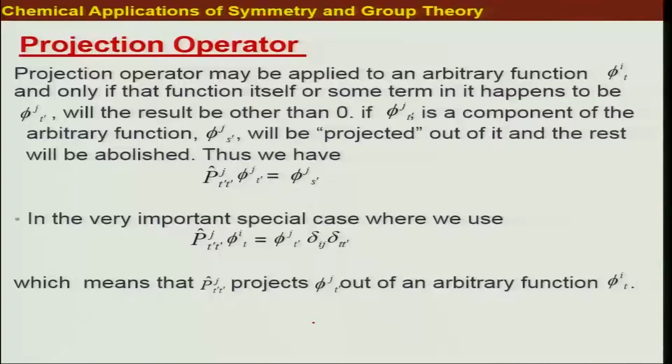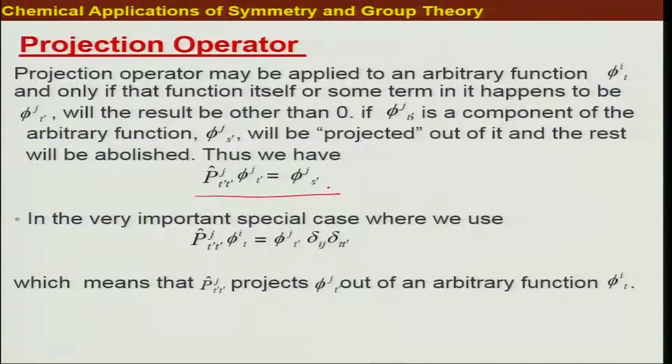If phi t prime is a component of the arbitrary function phi s prime, that will be projected out of it and the rest will be abolished. So, we have this term as a special case where we talk about the projection operator involving only the diagonal elements of the representations. So, t prime is a diagonal element, right.